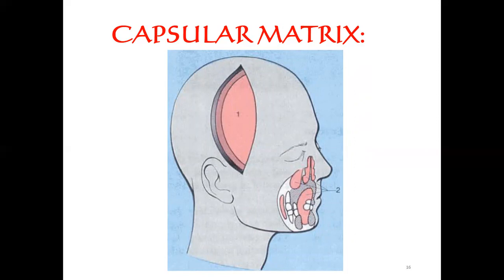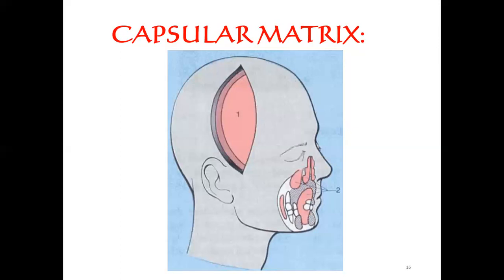Next comes the capsular matrix. Examples of capsular matrix include the neurocranial capsule and the orofacial capsule. The anatomy of the capsule is that there will be an outer layer and an inner layer, and inside the inner layer comprises the capsular matrix. In the case of the orofacial capsule, the outer layer is the skin, the inner layer is the mucosa, and the capsular matrix will be the orofacial air spaces. Between these two layers, there will be microskeletal units, all the tissues and organs.